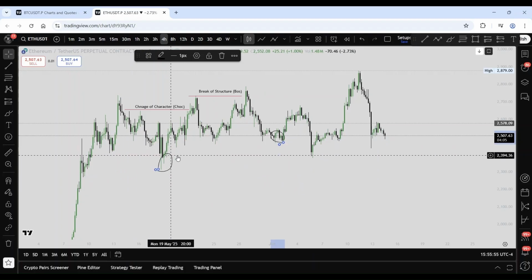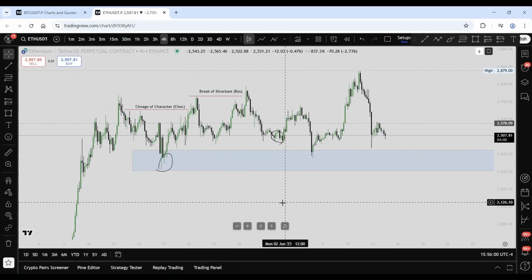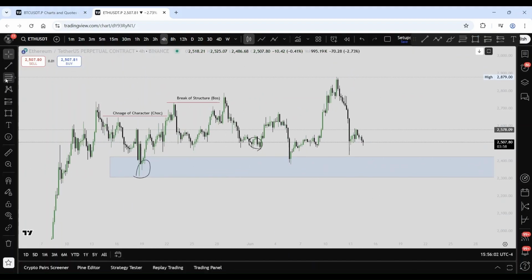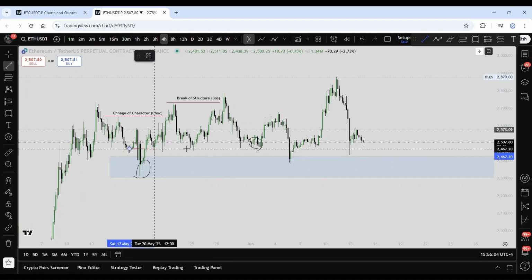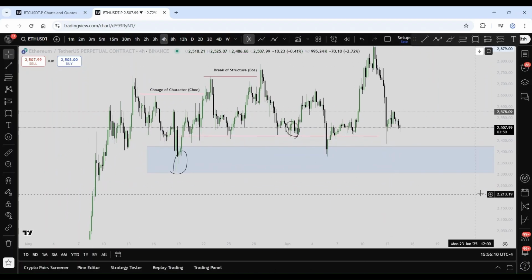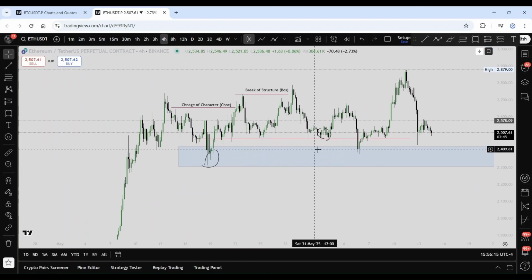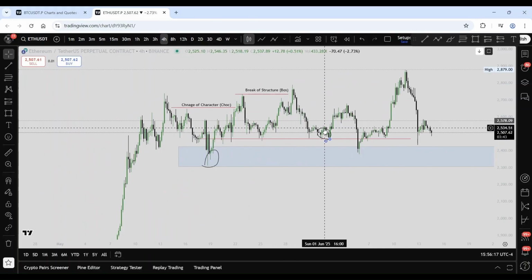This is our main order block here. So we're going to have a liquidity sweep of this area, which is the equal lows. A lot of liquidity sits around equal lows and equal highs, because most of the retail traders would put their stop losses there and the price would just go right through it.